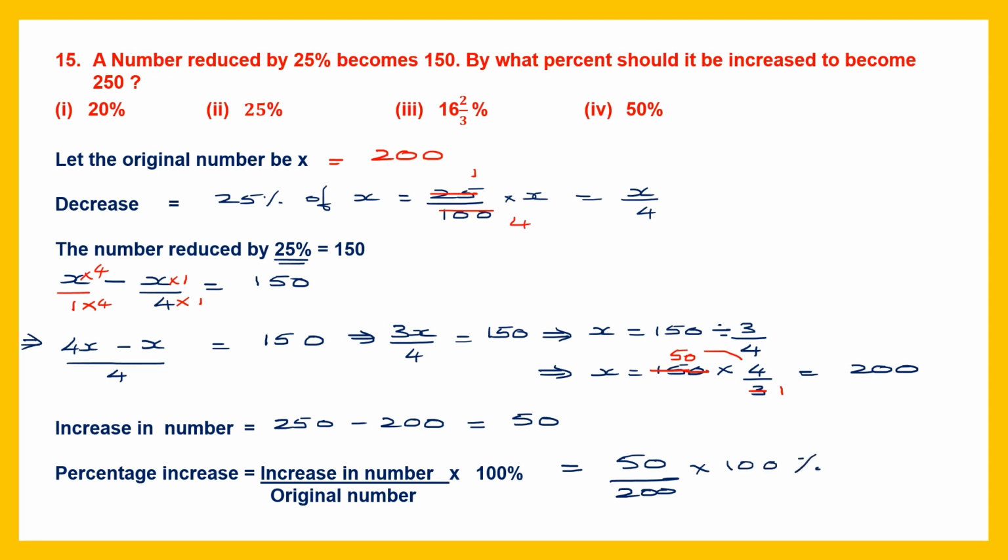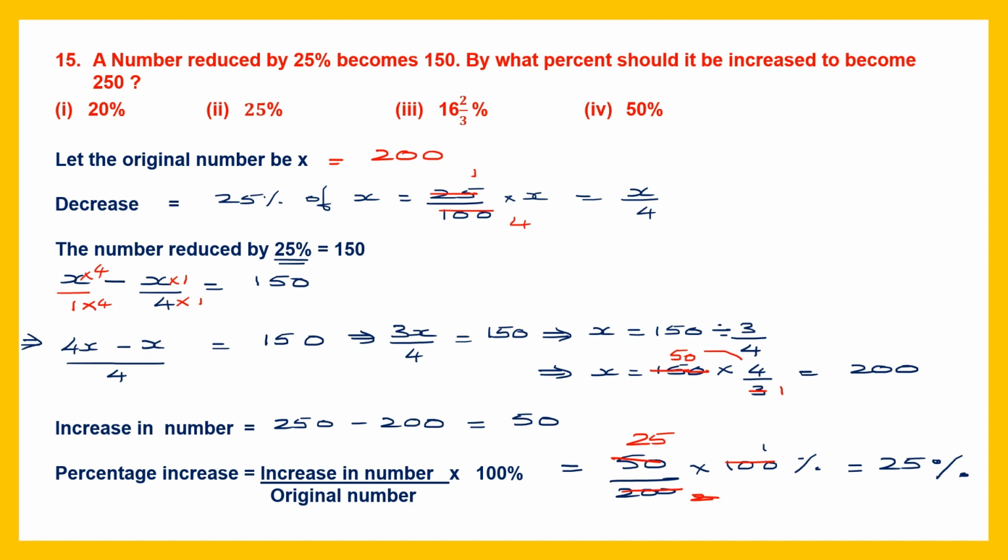So now we can cancel here. 100, 2's are 200, and I can cancel 50 and 2. 2 into 25 is 50. Now if we multiply 25 into 1, this is 25. So the answer is 25%. And that in our options is option 2.